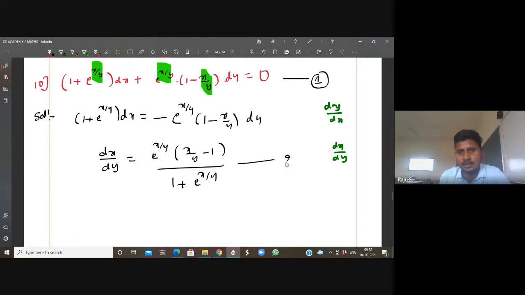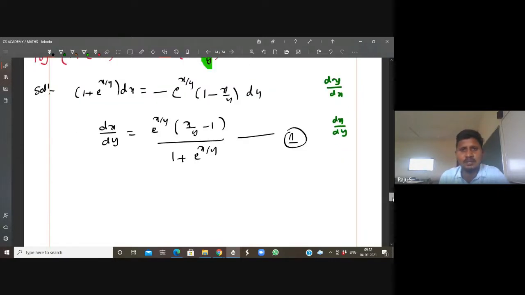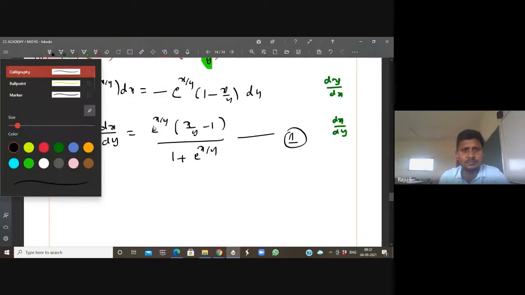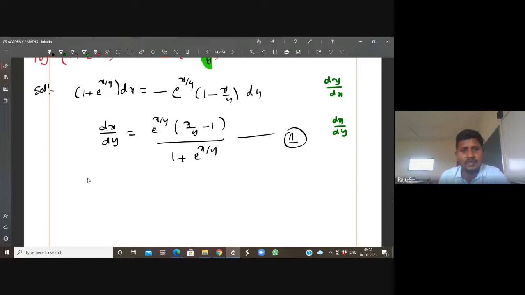Let us take this as equation 1 only, after changing into the standard form. Now clearly, what about linear equation 1? First, what shall we do?